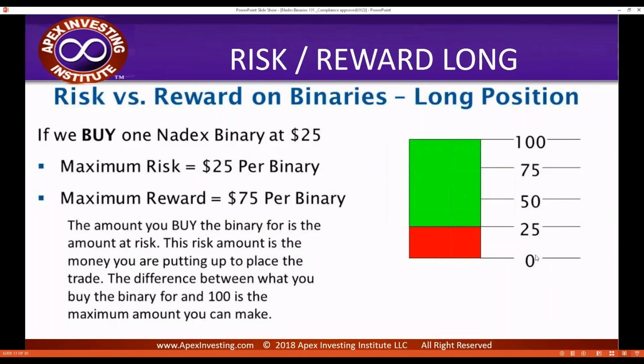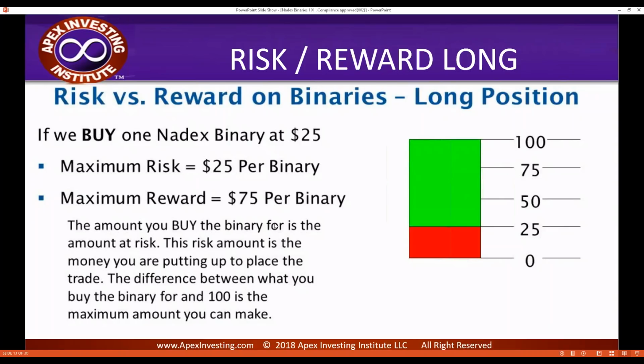Remember, at expiration, it's either worth 0 or 100. At expiration is all or nothing. So if I buy for $25, I'm risking 25. That's the most I can lose. The most it can be worth at expiration is $100. So my maximum reward would be $75.